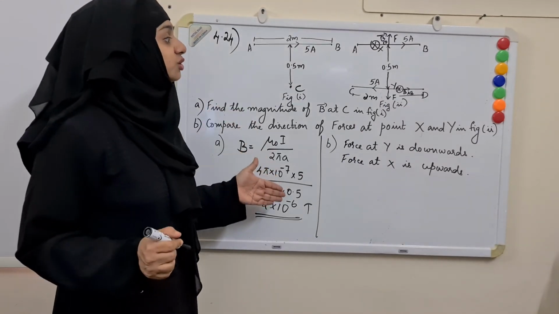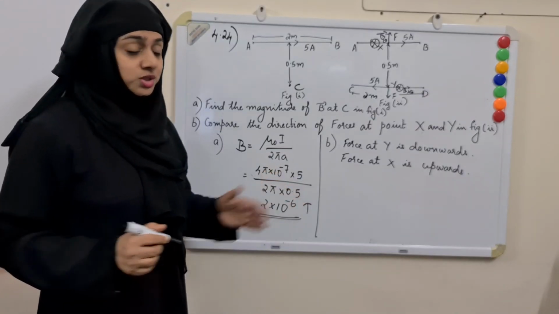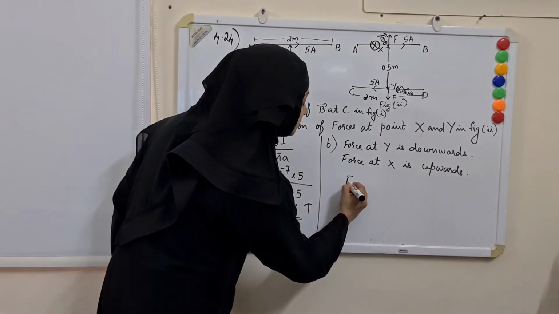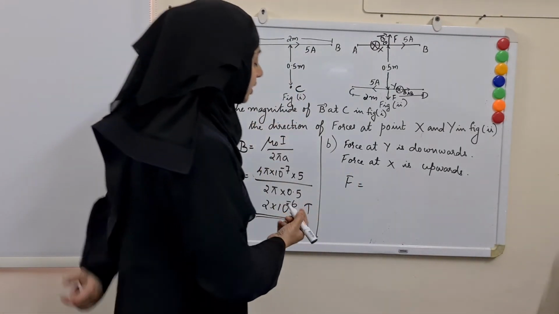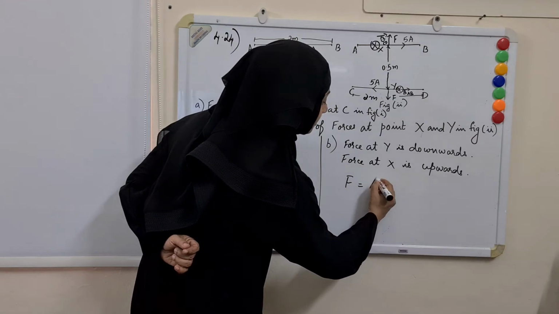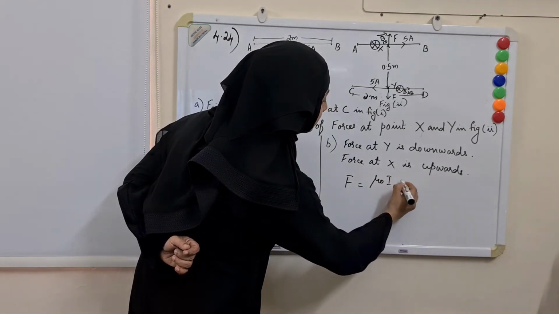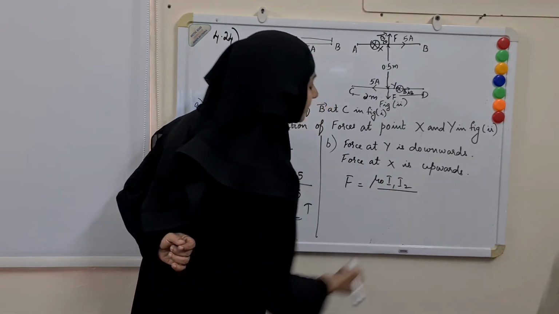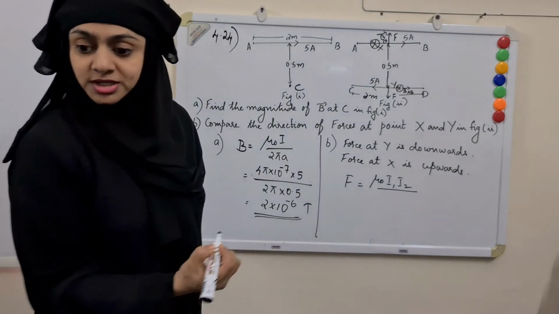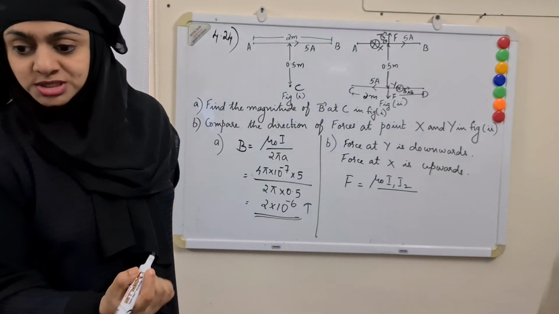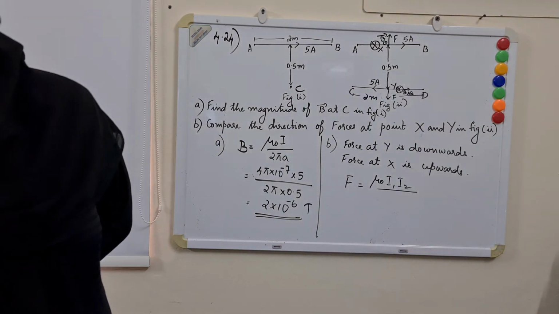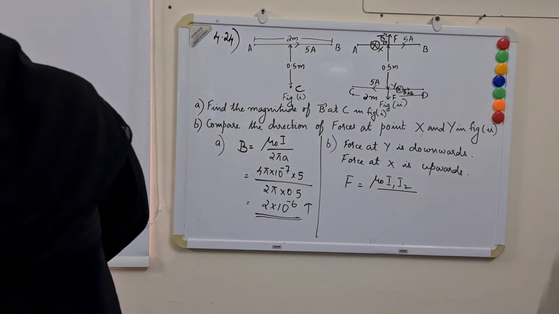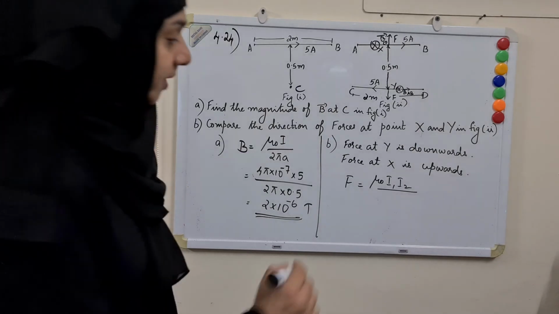And if you want to find the magnitude of force, you know the force per unit length is equal to mu naught I1 I2 by 2 pi r.